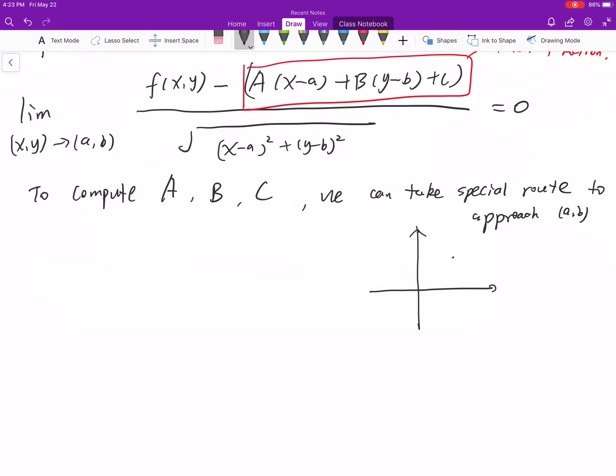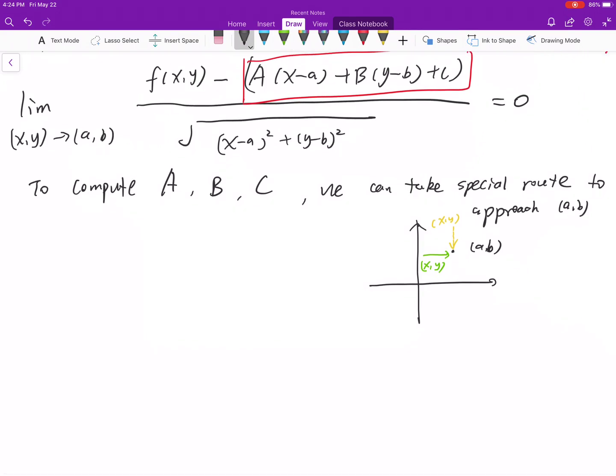So suppose this is (a, b). If we take the point (x, y) going to (a, b) vertically, then actually we can compute B. And if we take the point (x, y) going to (a, b) horizontally, we can compute the constant A.